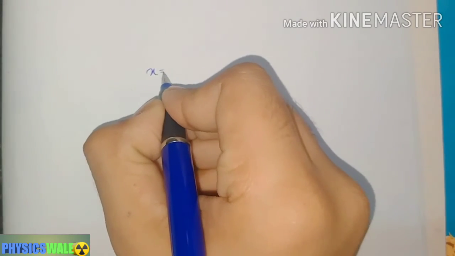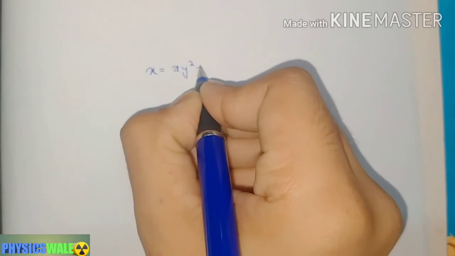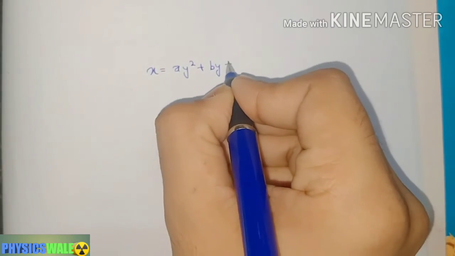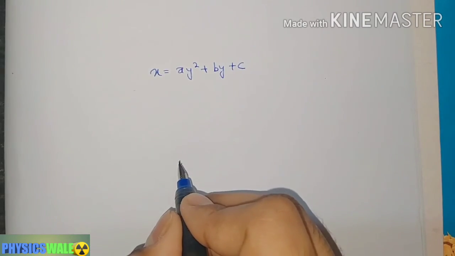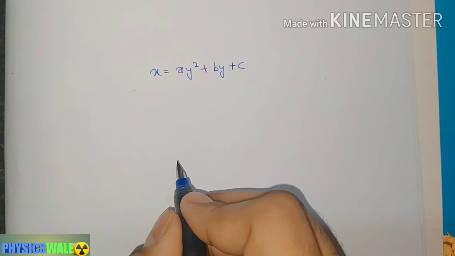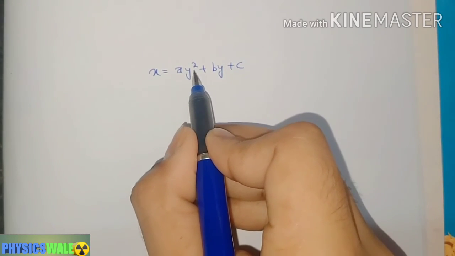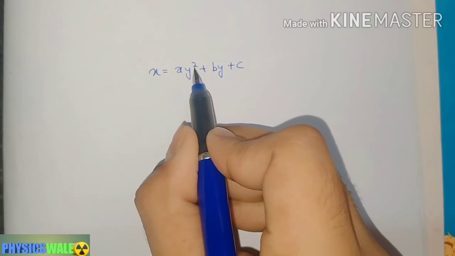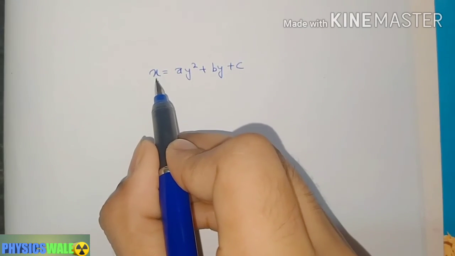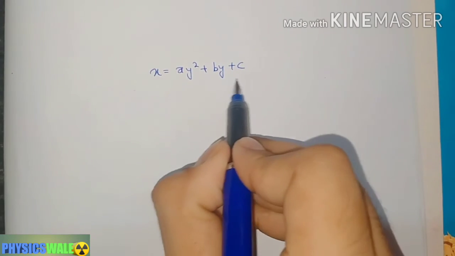Now consider the equation x is equal to ay square plus by plus c. Unlike the previous quadratic equation, this equation is actually quadratic in y, that is y is having the highest power 2 while x is having the highest power 1. So if we plot this, how will it look?